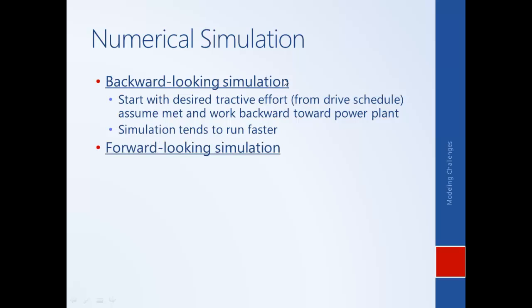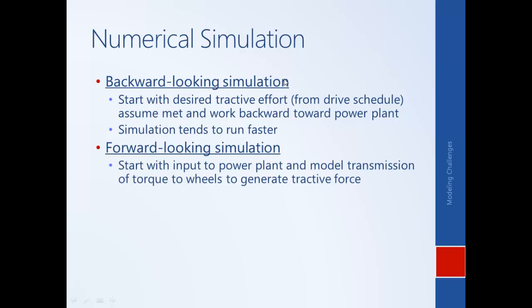The alternative is to use a forward-looking simulation. And so in this case, you start with a drive schedule, but you don't presume that it's met. You basically have a driver model that generates actual inputs to the power plant. So based on the drive schedule, you have a model of the driver that generates some braking input, some throttle input.